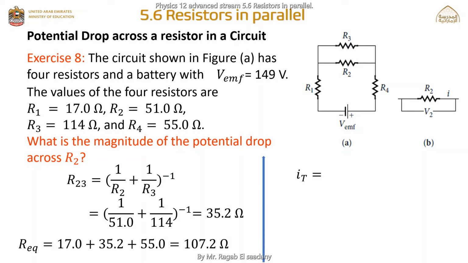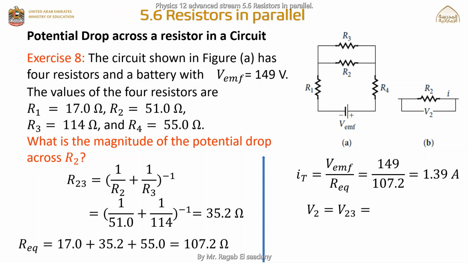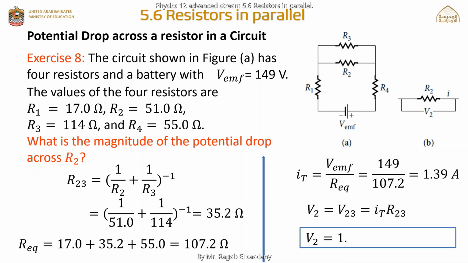And the total current equals V EMF divided by R equivalent, equals 149 divided by 107.2, equals 1.39 amperes. V2 equals V23 equals IT times R23, because R2 and R3 are in parallel connection. V2 equals 1.39 times 35.2 equals 49 volts.